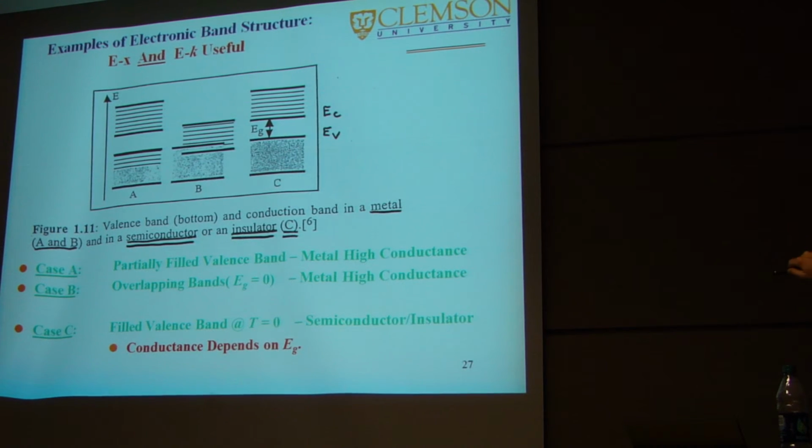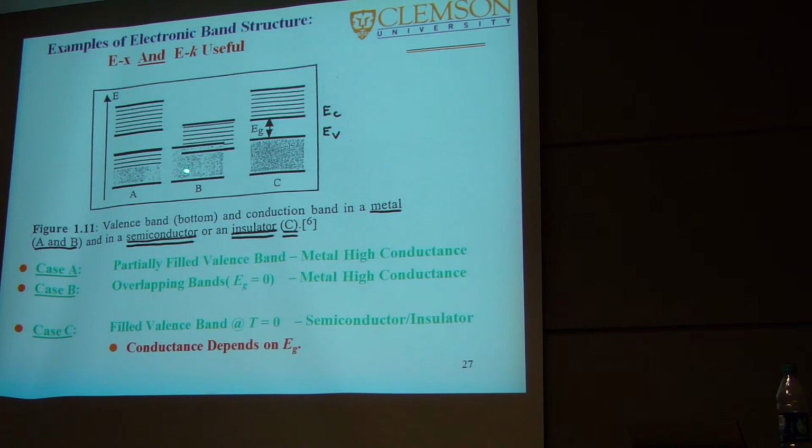These both represent metals. This is a case where the valence band is only partially full. If the valence band is partially full, that means it's partially empty. There's lots of empty states, and the valence band electrons can move around in it freely. And so you could argue whether we should call that a valence band or conduction band. It's really just a matter of nomenclature.